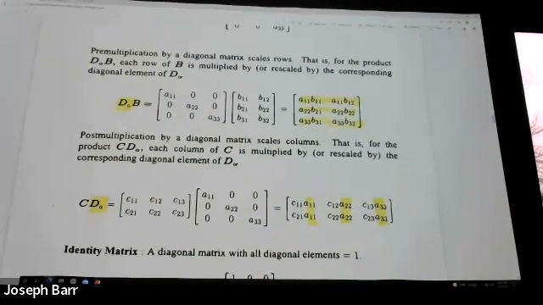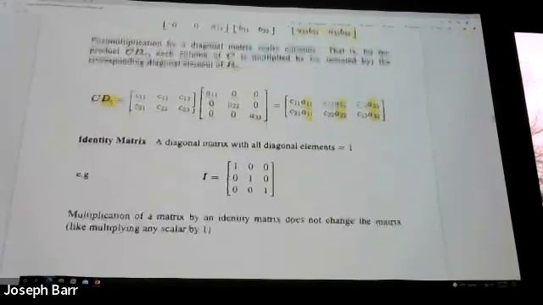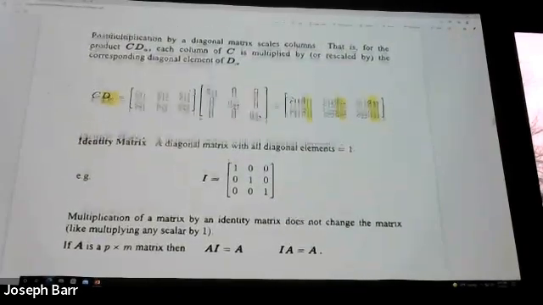Okay, so if you have the A11 element, you can just take the first row and multiply by the scalar here. And the second row times the element here. The third row times the third element here. So it's quite easy for us to get the product. It's very simple. That's for the pre-multiplication.